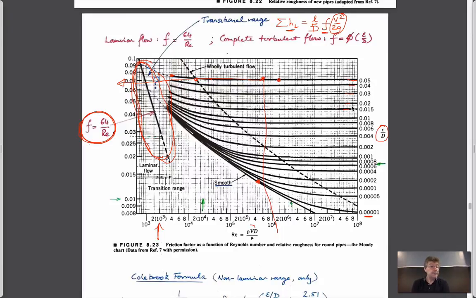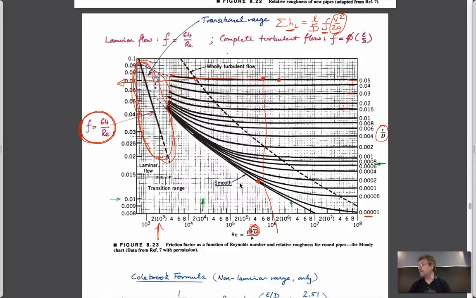So we'll spend some time doing that. And you can see the challenge of this is that things like Reynolds number are a function of velocity and also the dimension of the pipe. And because things like the amount of fluid that we want to push along a pipe and also the diameter of the pipe are a function of the Reynolds number, we may have to iterate to get a solution.